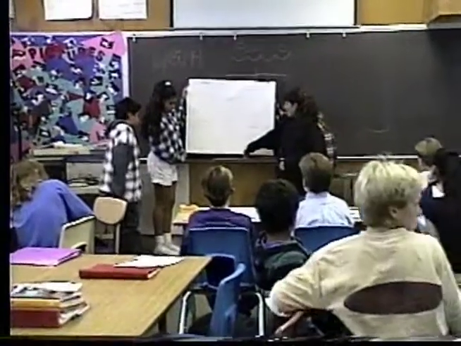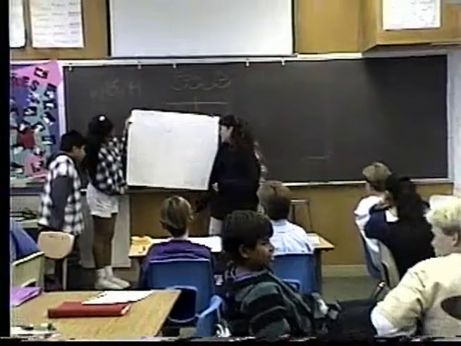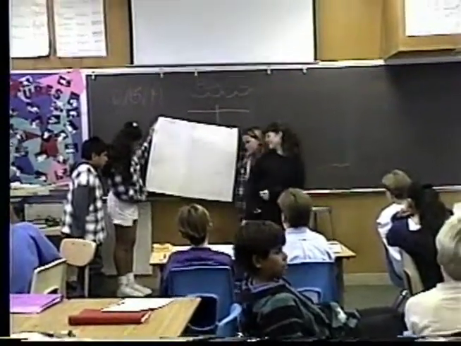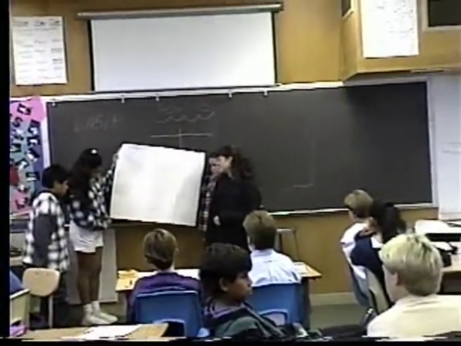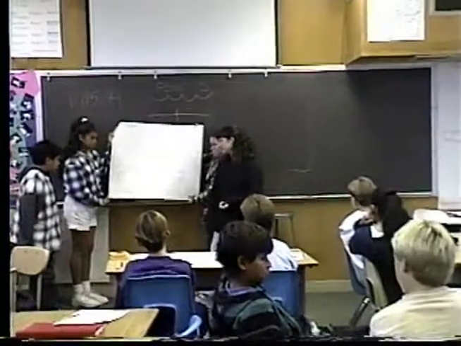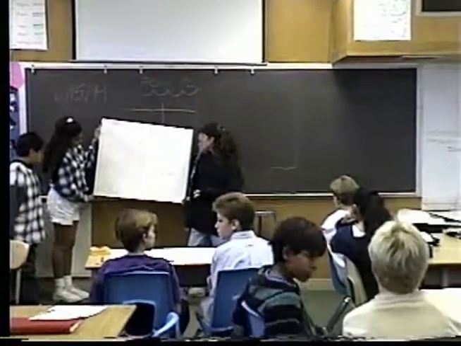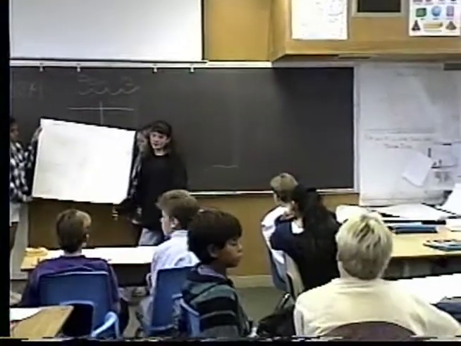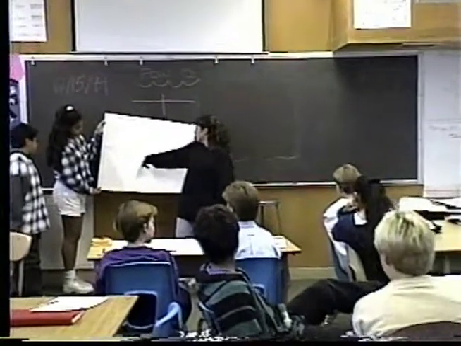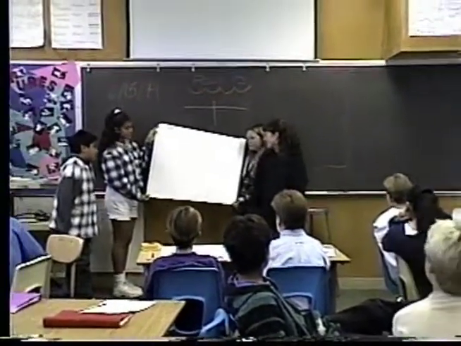And then the highest was black hair, so the most people had black hair. And then for eye color, we had brown, hazel, blue, and green. The least of all of them was green. The second least was hazel, and the most was brown. And then gender is boy or girl. Most people were girls. So there's more girls than there were guys.